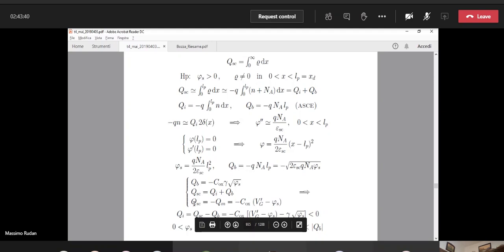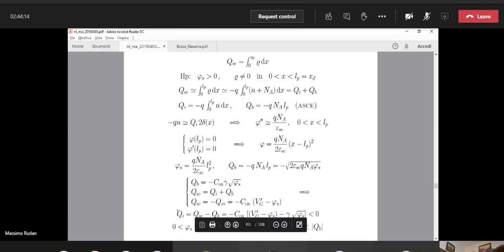In turn, QSC, that is the opposite of the charge on the metal, you remember, can be written as minus Cox times Vg prime minus phi s, which is fully general because it is obtained by solving the Poisson equation on the side of the metal, okay? But now we have another relation. QB is minus Cox gamma square root of phi s.